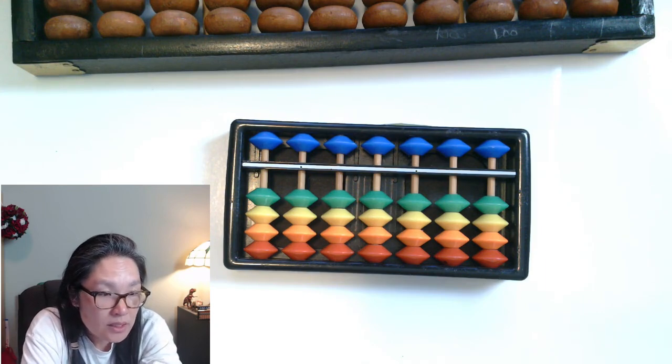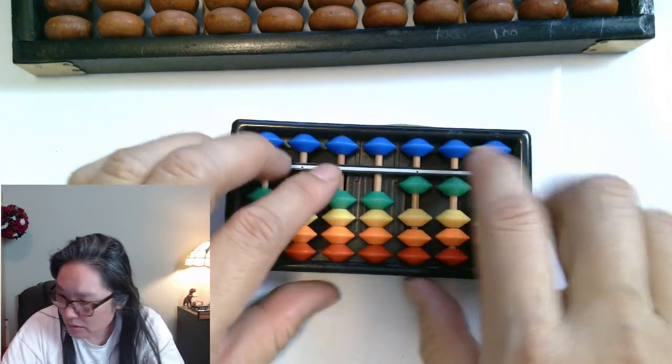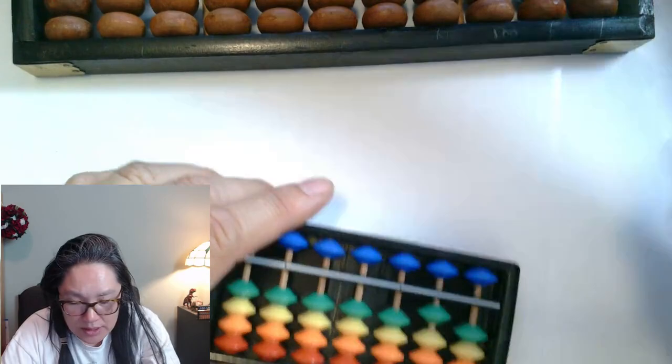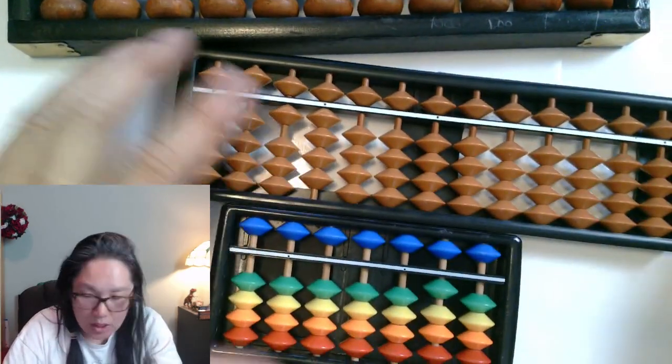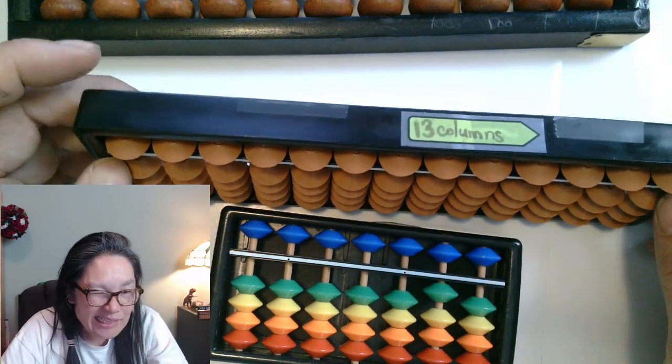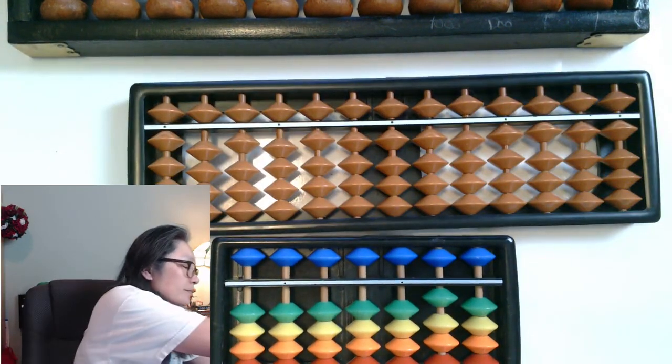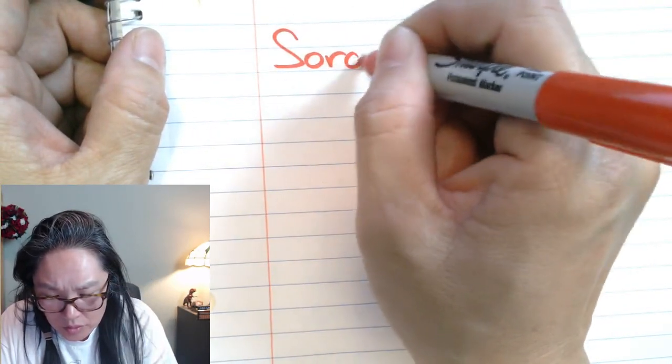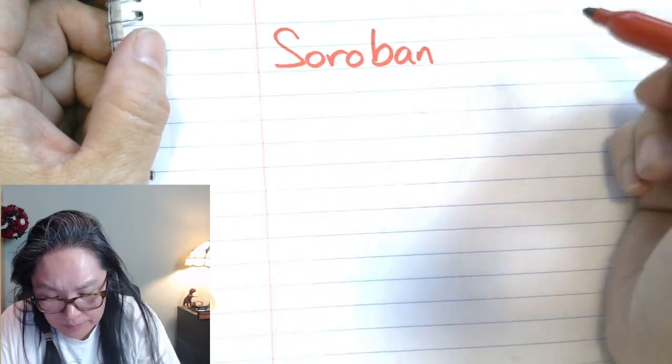What is the color-coded one called? This one is a Soroban. These two are called Soroban. You can find this if you're somewhere around here. You can find it at Daiso. You can even look at it on TikTok. I know there's a few people. Soroban, right?